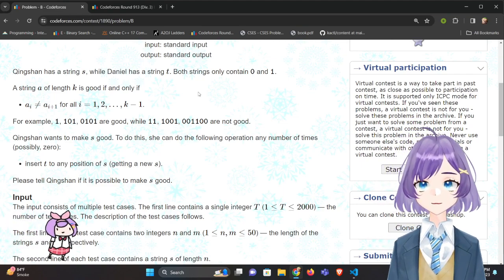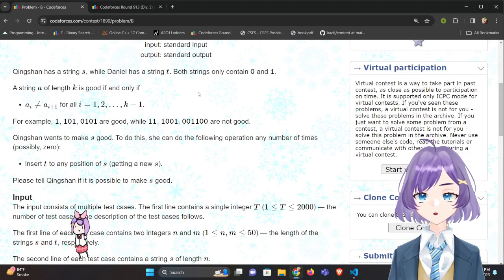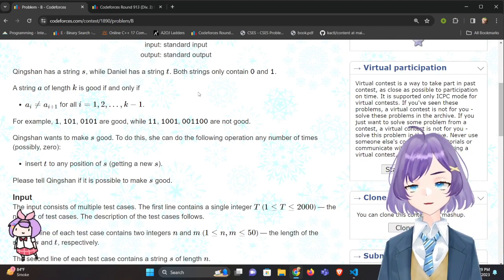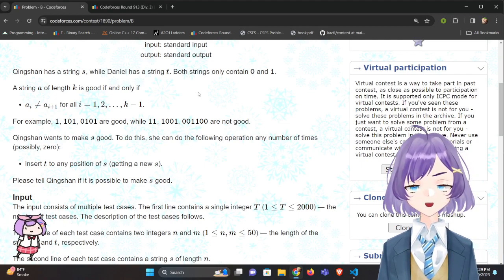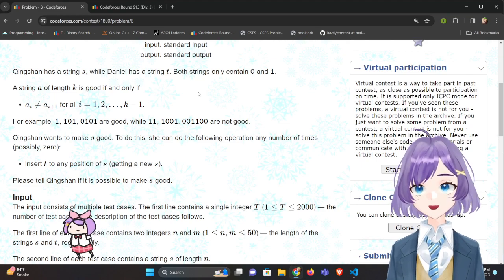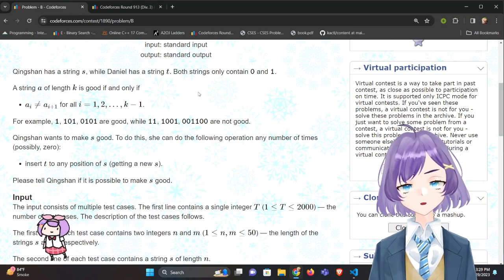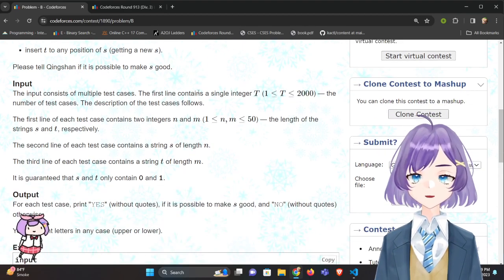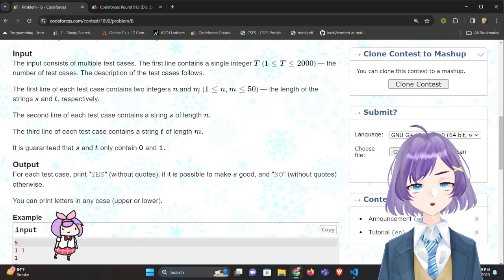To do this, he can do the following operation any number of times: insert T into any position of S, getting a new S. Please tell him if it is possible to make S good.